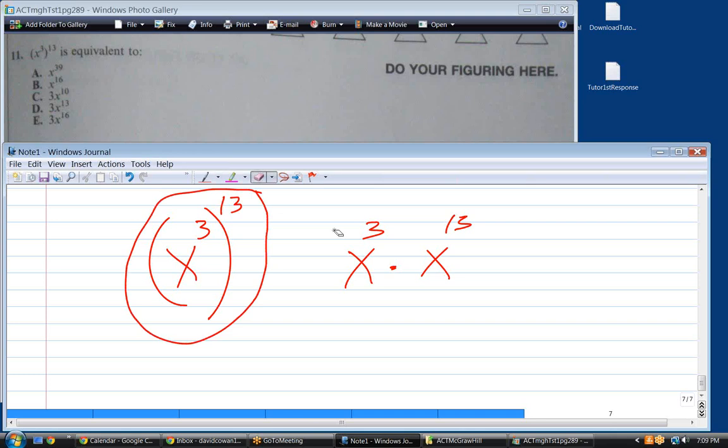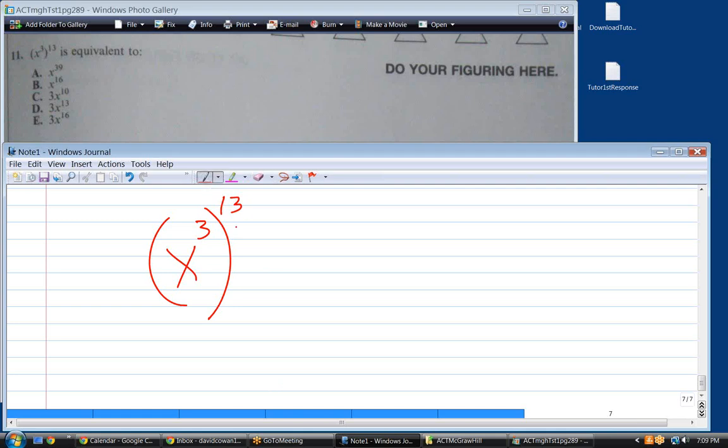Okay, so it'd be A. Yes, we would multiply the exponents. In other words, this is the same thing as x to the third times x to the third times x to the third 13 times. So I would add 3 13 times, which is the same as multiplying 3 by 13.